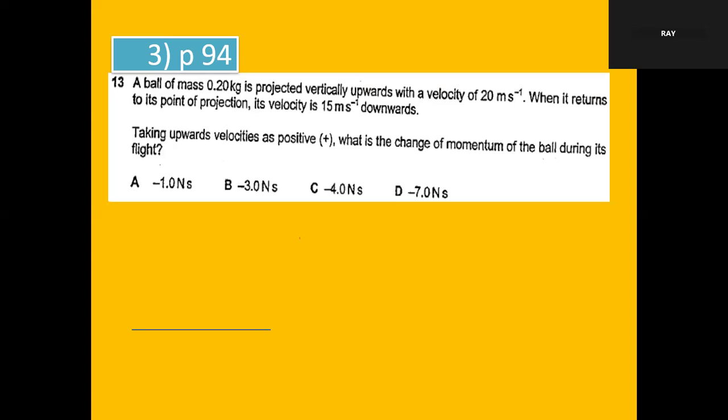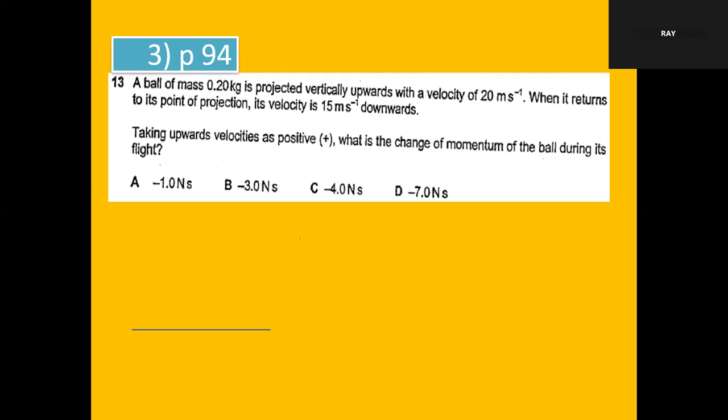A ball of mass 0.2 kilogram is projected vertically upwards with a velocity of 20 meters per second. When it returns to its point of projection, its velocity is 50 meters per second downwards. Taking upwards as positive, what is the change in momentum of the ball during its flight?